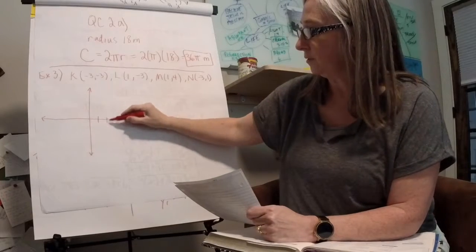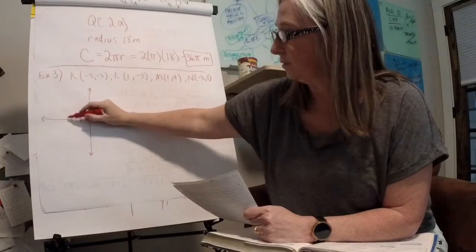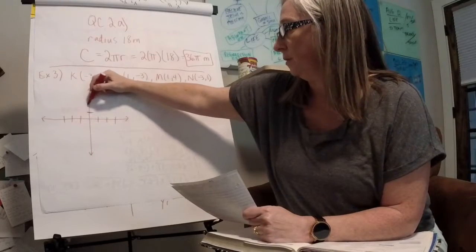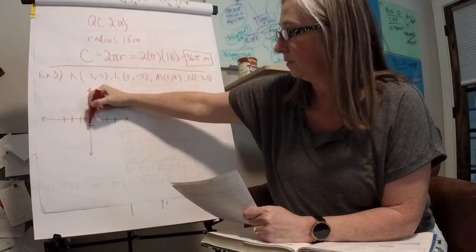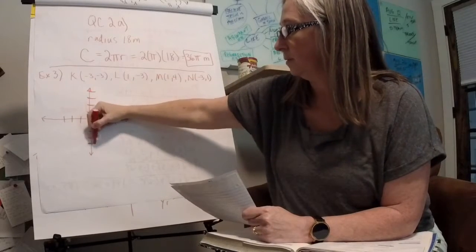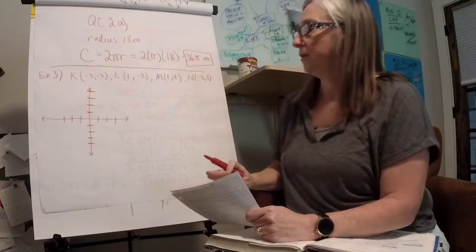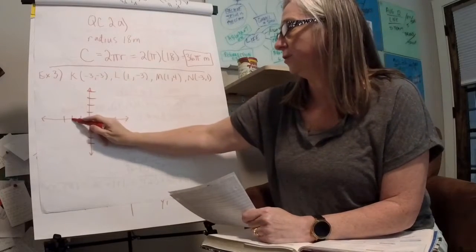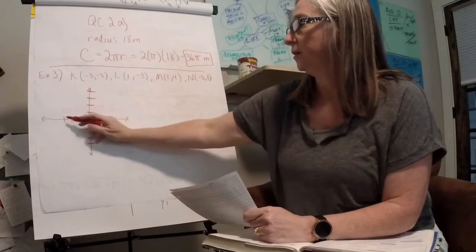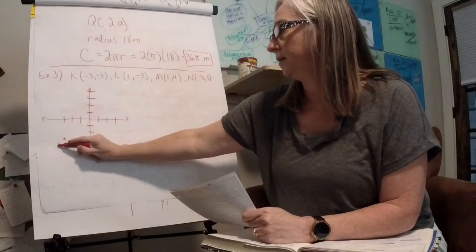So 1, 2, 3, 4. It will be much better if you do it on graph paper so that things line up like they should. So K is -3, 1, 2, 3 in the negative direction, and -3, so 3 down. That's my K.